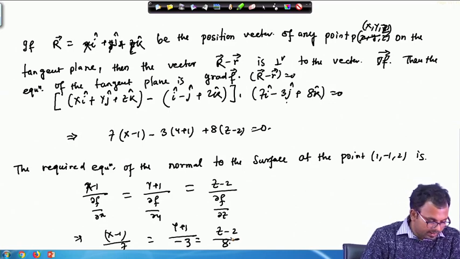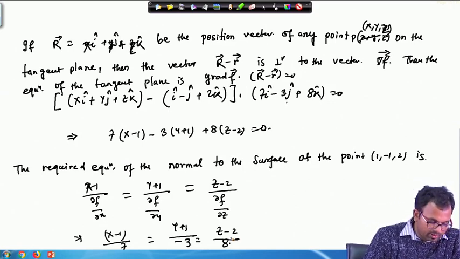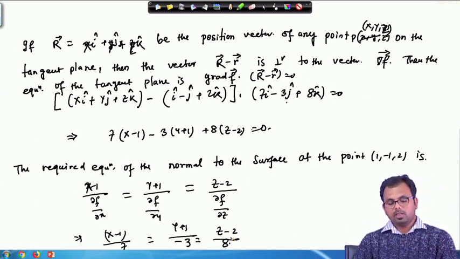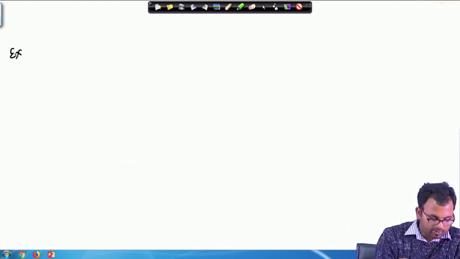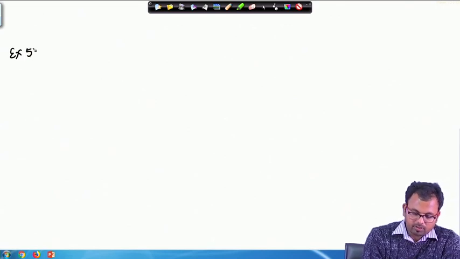So, this was another example where we were supposed to calculate the tangent plane and the normal. I can write another example, but I will of course leave it as a task for the students. So, example 5.